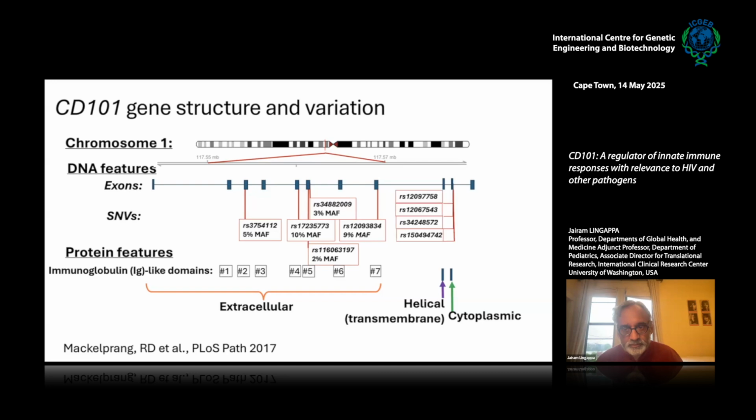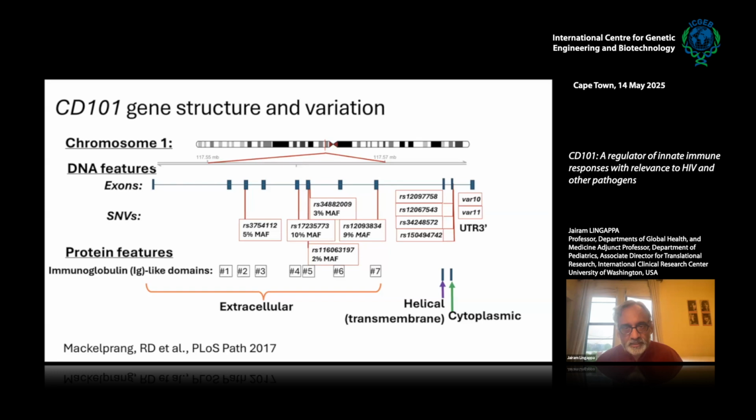There were four variants in the cytoplasmic domain, and there were two variants in the three prime untranslated regions. So this gave us a set of variants within this gene that in the discovery analysis had some level of association with HIV acquisition.